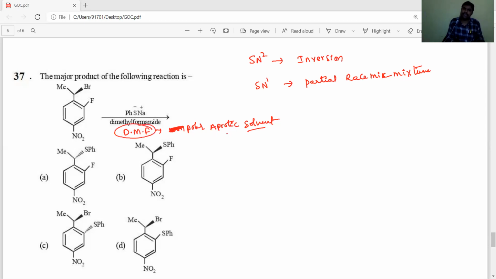These solvents are favorable for SN2 reactions, and in SN2 reactions the nucleophile attacks with inversion, meaning from the backside. For example, the leaving group is on the front side, then the nucleophile will attack on the backside. If the front side is the thick line, then the backside means dotted lines will be present.